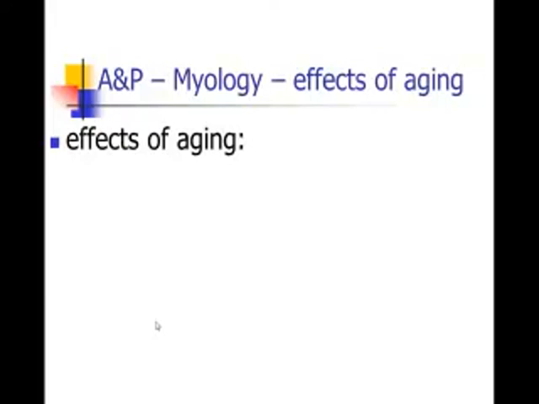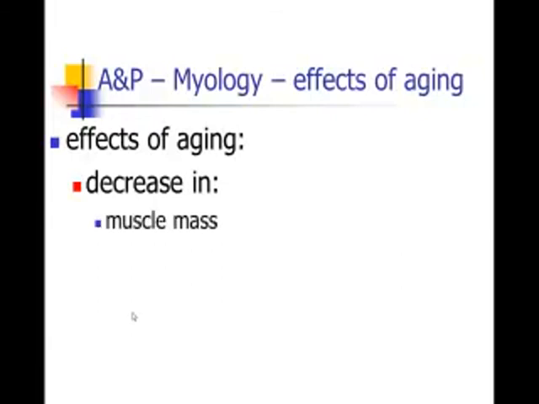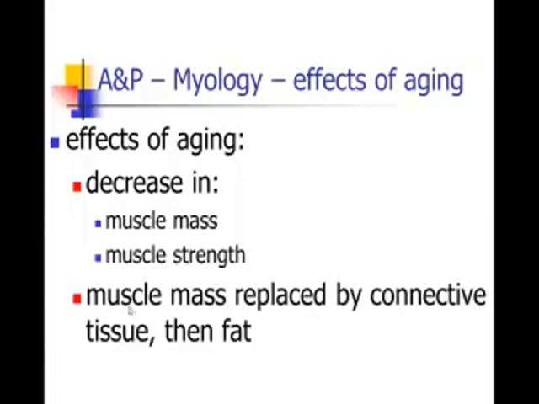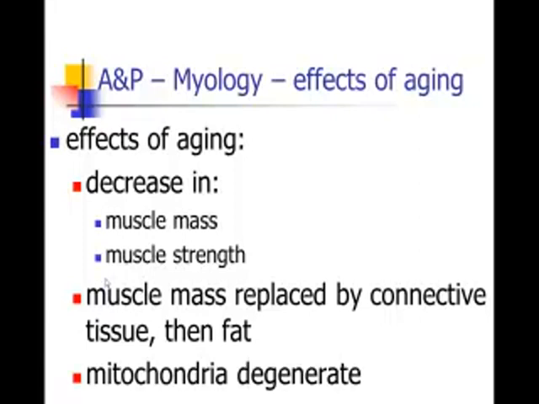Okay, so that brings us to the effects of aging. When a person ages, there are decreases in a number of things. One is the mass of their muscles, the strength of their muscles. The muscle mass actually starts to be replaced by connective tissue and then eventually fat. Mitochondria degenerate, and that means those cells that remain are less capable of generating ATP, which means they weaken.